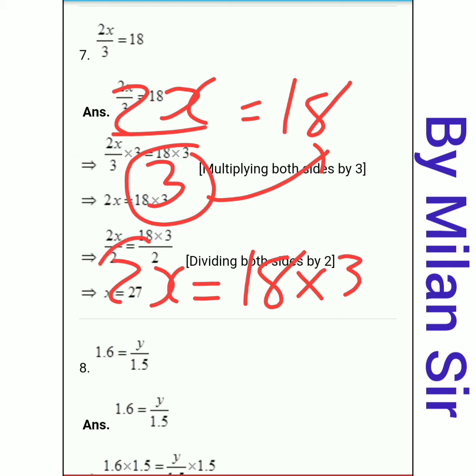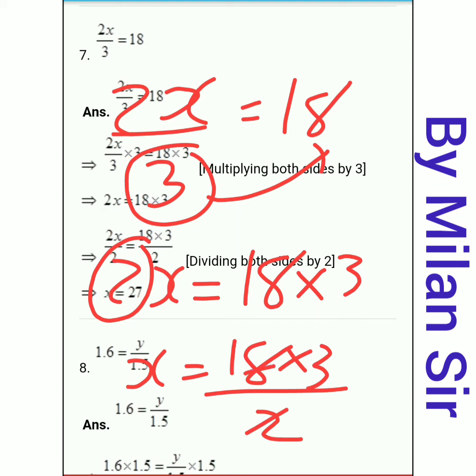Then if we transfer this 2 to the right hand side, right now it is in multiplication with x. If we transfer it to the right hand side, it goes to the denominator, right? Then here 2 9s are 18, and finally 9 3s are 27. X is equals to 27.